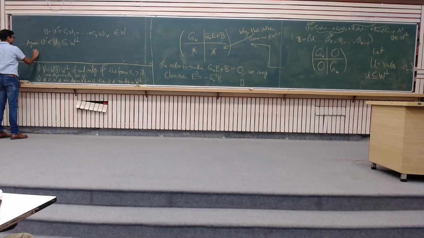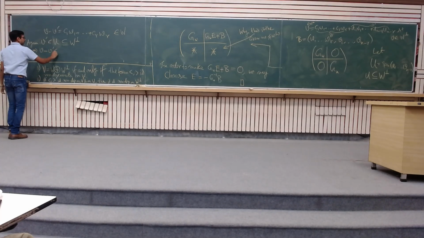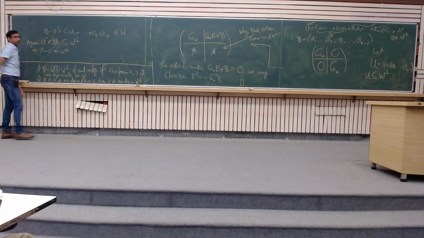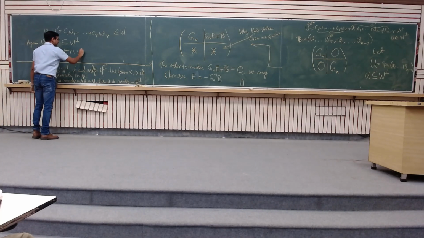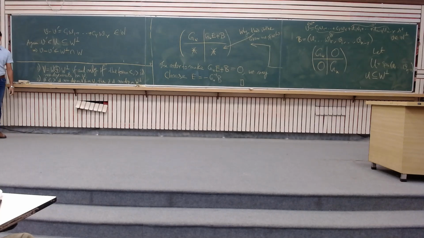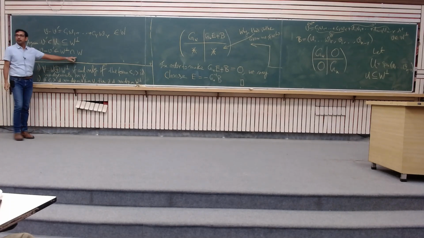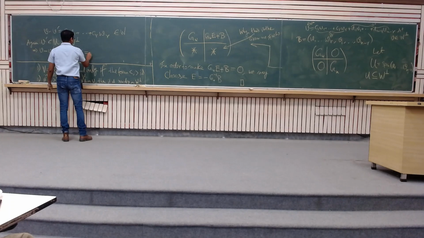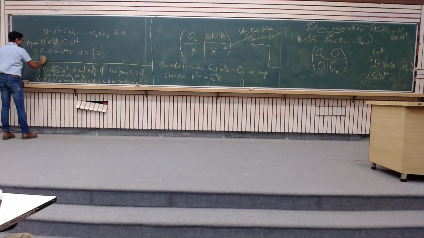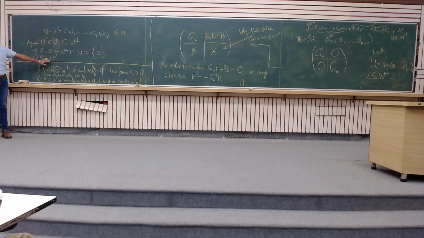So that implies V minus V prime is also in W perp, and in particular in the intersection of this and W, right? And why is this equal to 0? Right, very nice. That implies V is equal to V prime.